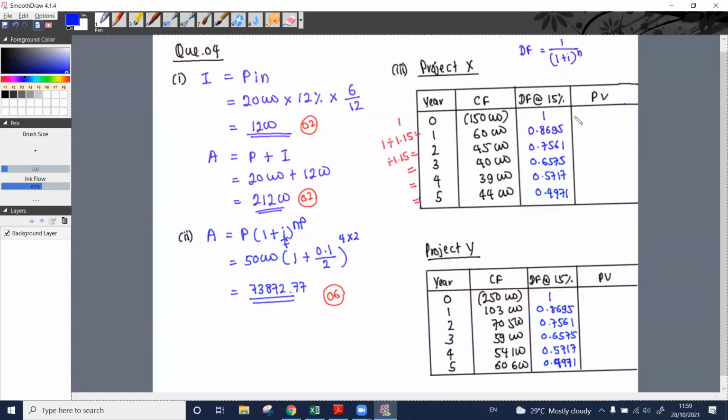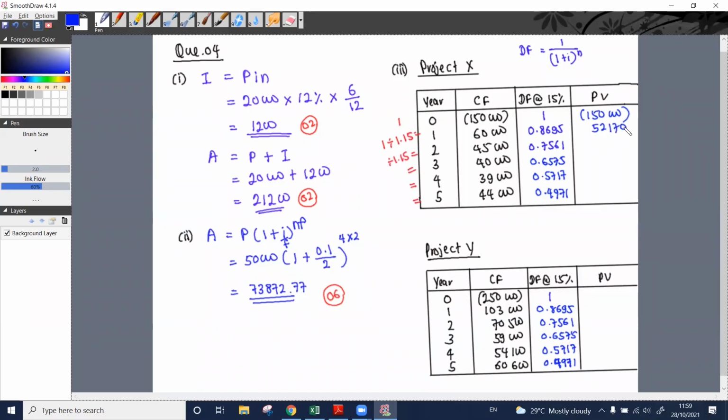Right. Present values. Here it is 150,000. Then 60,000 into 0.8695. That is 52,170.